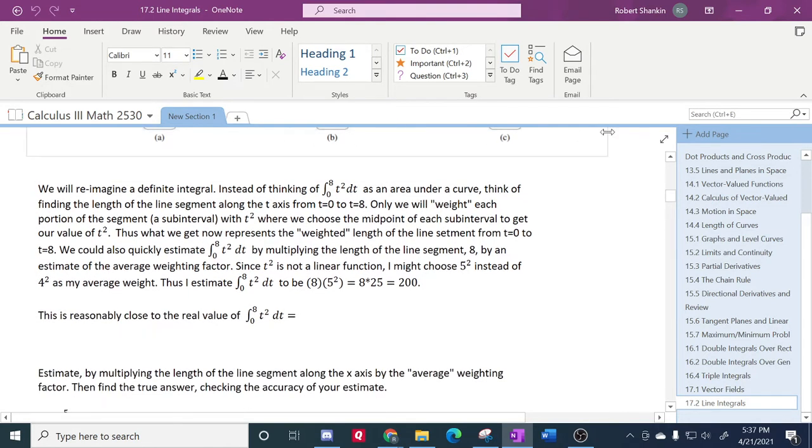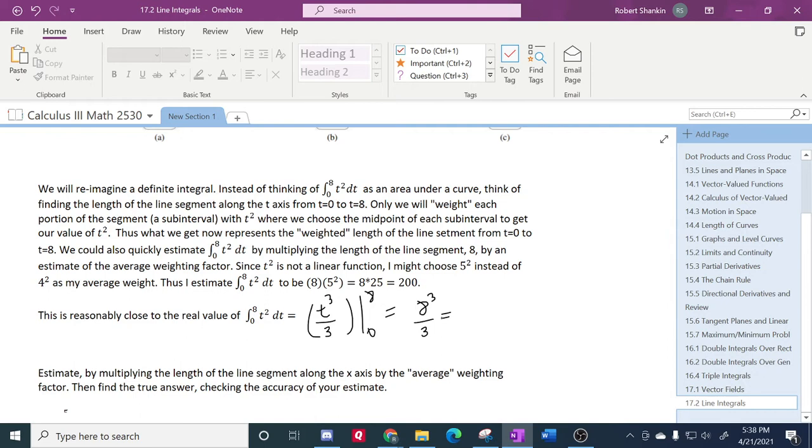This is reasonably close to the real value of the integral from 0 to 8 of t squared, which is t cubed over 3, evaluated from 0 to 8, which turns out to be 8 cubed over 3. 8 cubed, let me punch that out real quick, is 512, divided by 3 is 170 and 2/3.